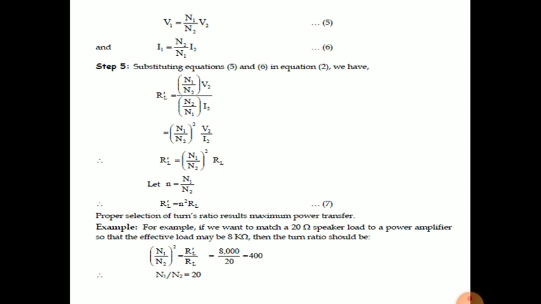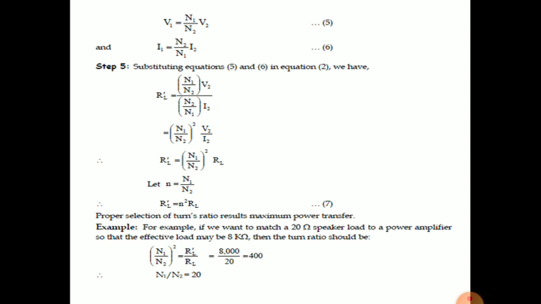So RL dash = (N1/N2)² × RL. We consider N1/N2 as small n, the turns ratio, n = N1/N2. So RL dash = n² × RL.